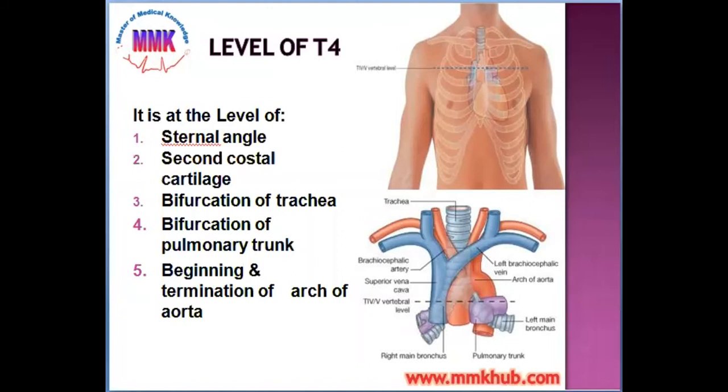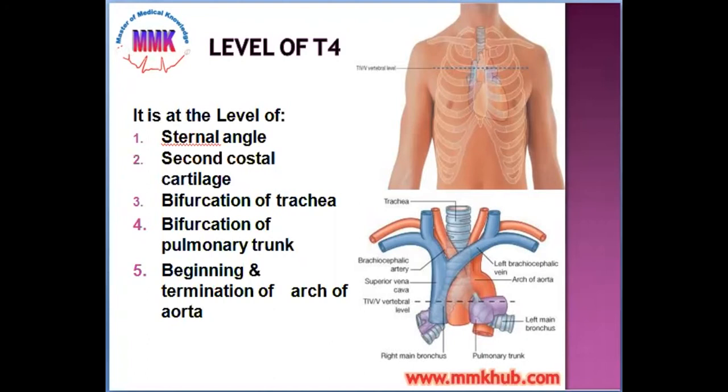This sternal angle, or the level of T4, is an important landmark in the anatomy of the thoracic cavity. At this level there is the sternal angle. Anteriorly, there is the second costal cartilage, meaning the second rib is attached at the point of the sternal angle.